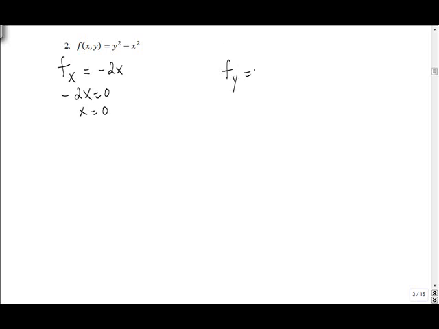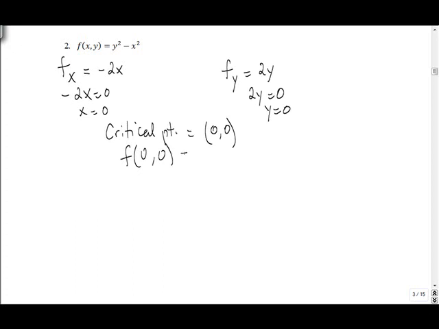Partial of f with respect to y is 2y. Put it equal to 0, y equals 0. So the critical point is 0, 0. And right away, find what f at 0, 0 is. Put it back into the function. We get 0.